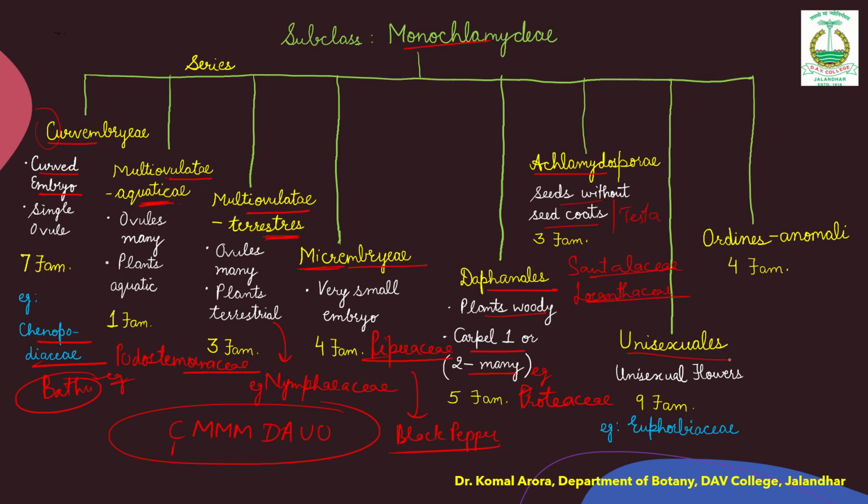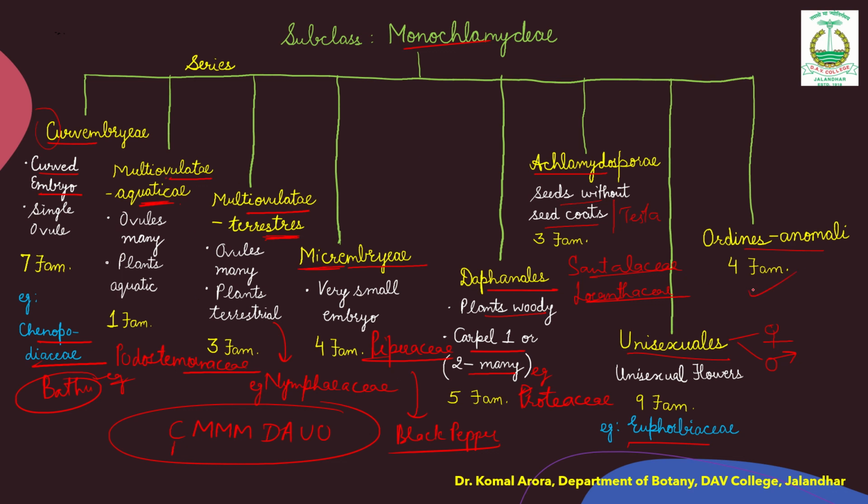Next group is Unisexuales, means the flowers here are unisexual. So you have separate female and male flowers. An example for this is family Euphorbiaceae. And Ordines Anomali, the plants which had monochlamydeous nature, means perianth is present, and they are not included in any of these categories.